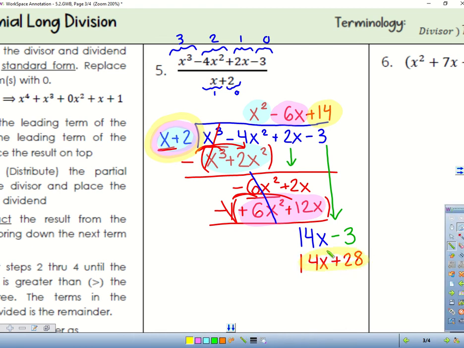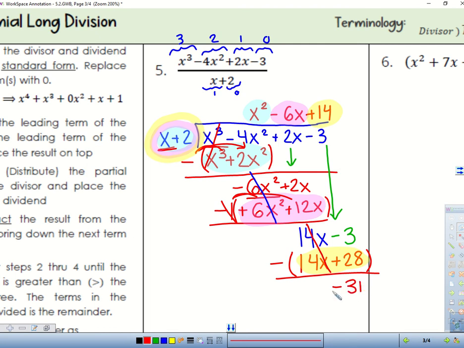Is the color coding helping you see what's happening here a little bit? Mm-hmm. What do I then do with this? Subtract it. And remember, you're subtracting both terms, not just one. What's going to happen with this first set? It's going to be eliminated. Exactly. And this is going to be, yes, negative 3 minus 28 is negative 31. Negative 31 is our what?